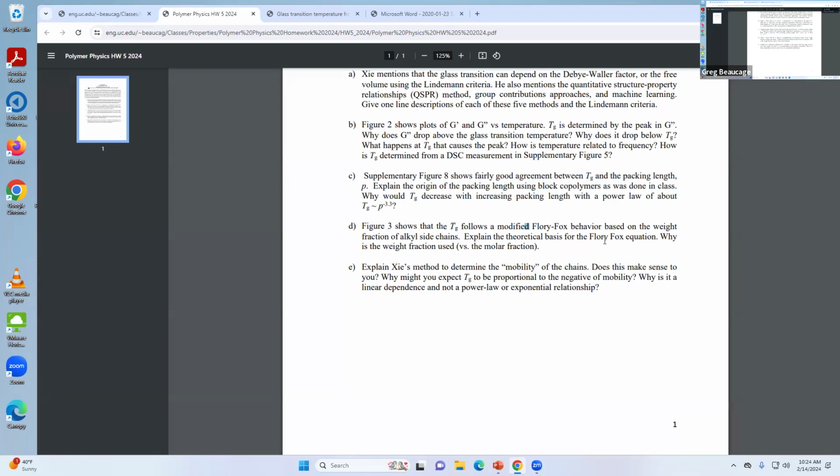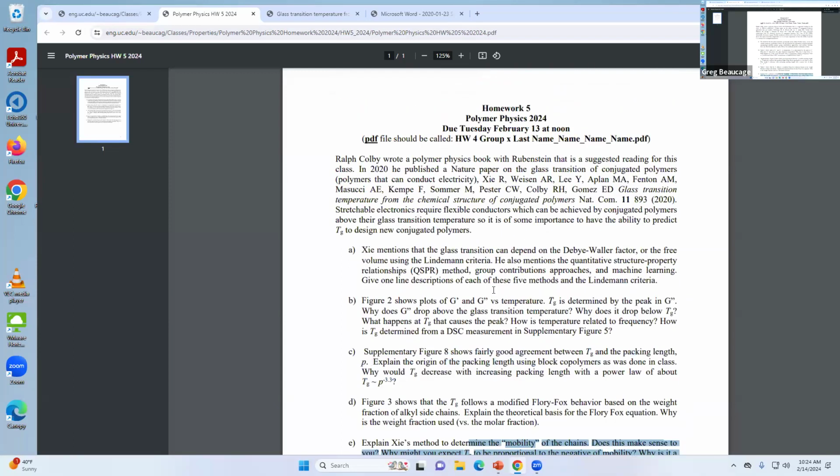The Fox equation is what he uses in the paper, not the Flory-Fox. But I think most people got that, and everyone got E, I think. So that's about it. The main thing is the DSC. I didn't talk about it before. So any questions on that? No, okay. Right.